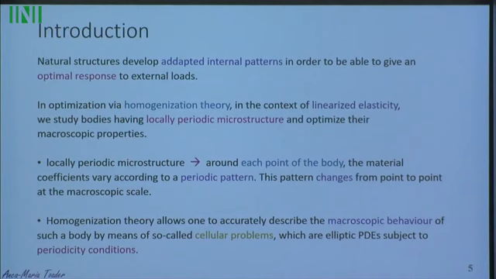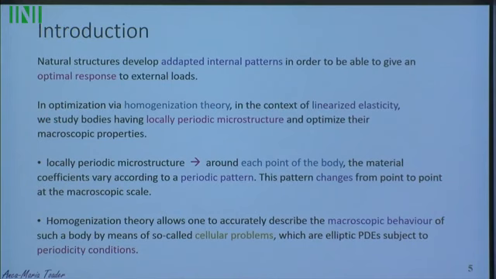A body having a locally periodic structure has around each point of the body the material coefficients varying according to a periodic pattern. And this pattern will change from point to point at the macroscopic scale.